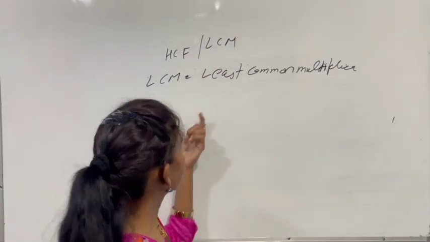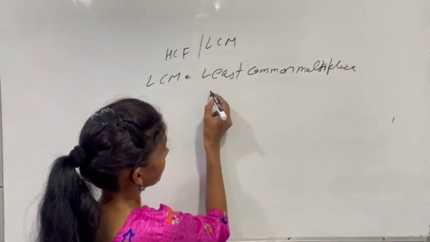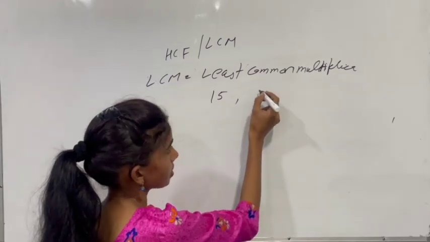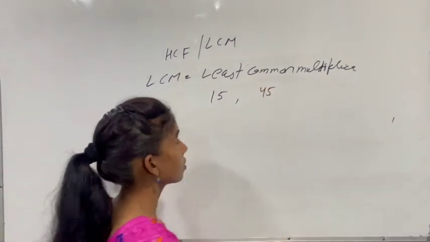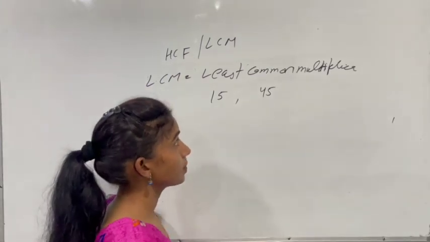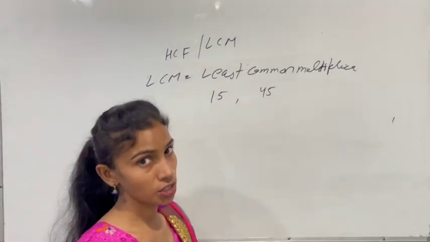We can explain LCM by taking an example. We take a number 15 and another number 45. We can find LCM in two ways: firstly the division method, and second the prime factorization method.